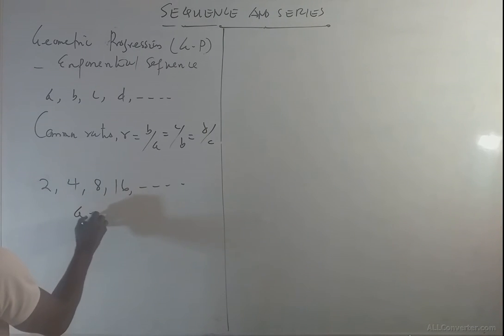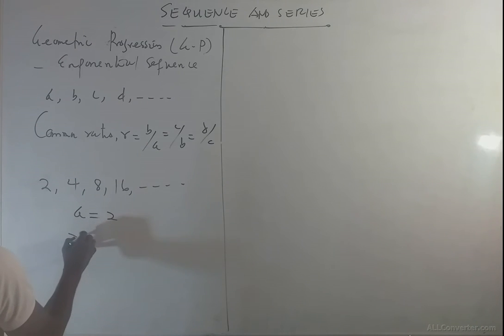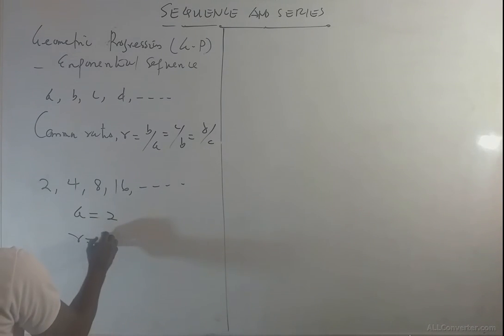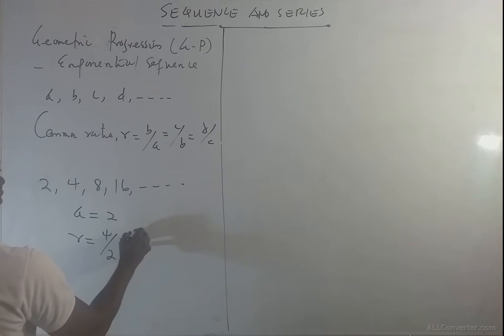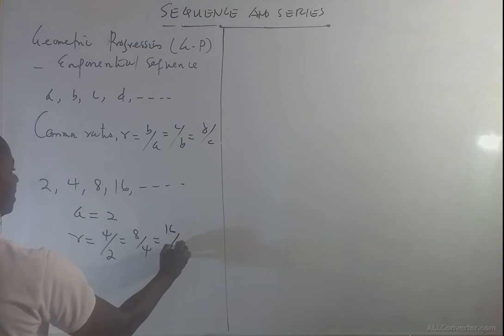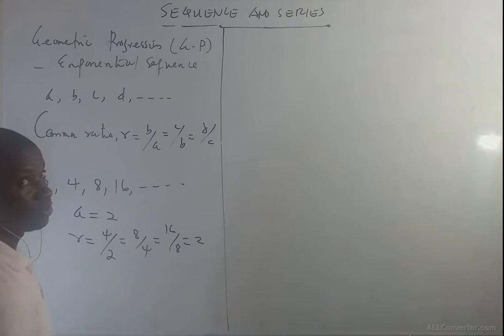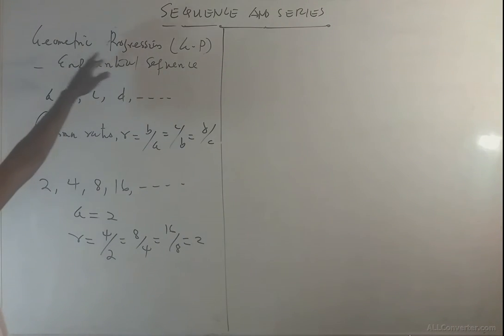Take note that the first term is 2, and the common ratio is 4 divided by 2, or 8 divided by 4, or 16 divided by 8. Realize that you are getting 2. So this sequence is an exponential sequence or a geometric progression because it has the same common ratio.